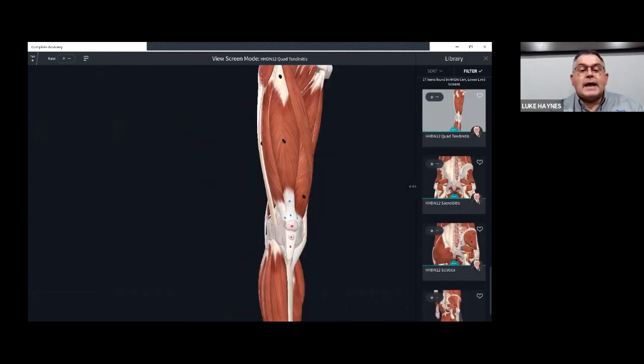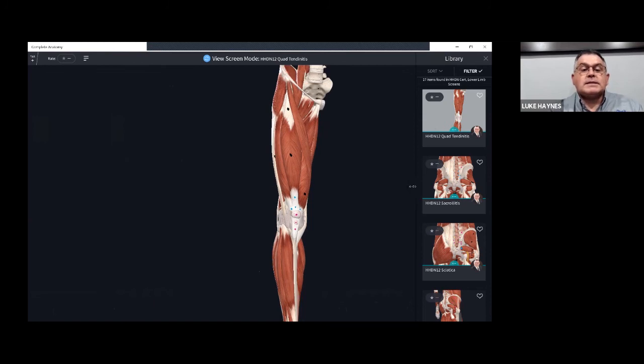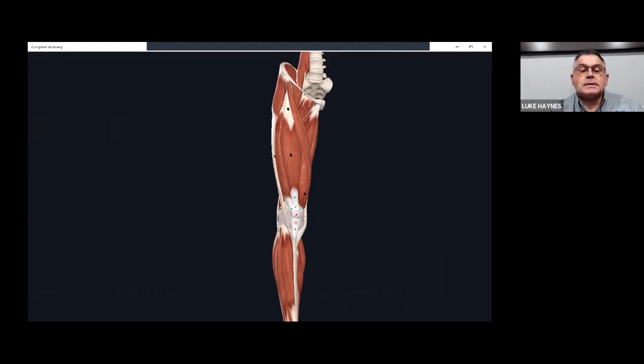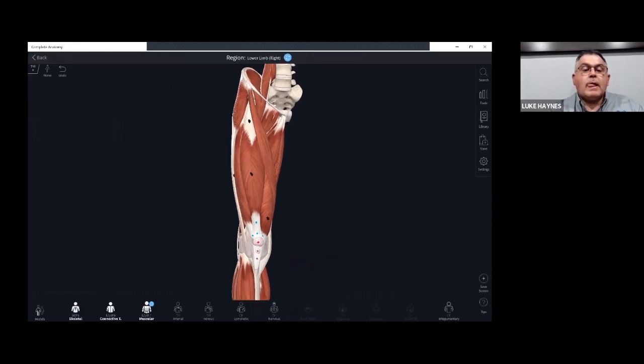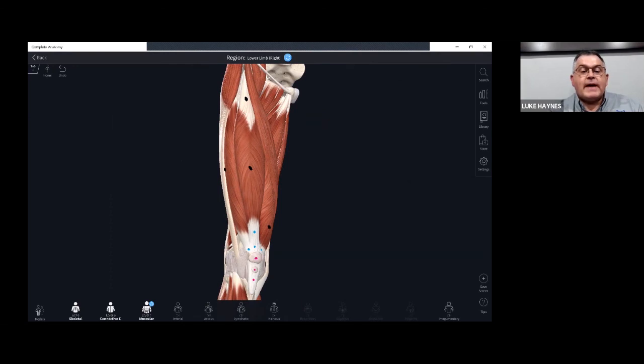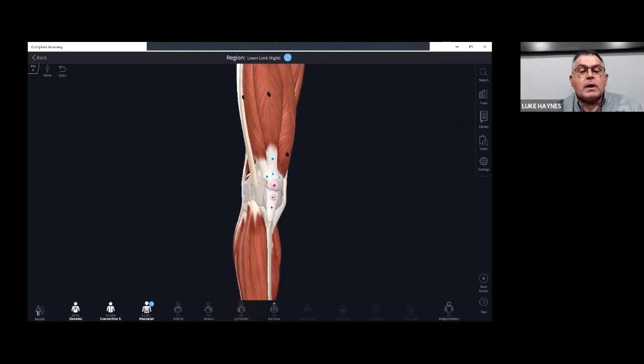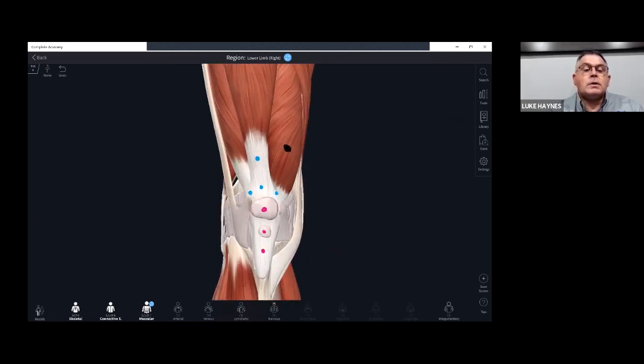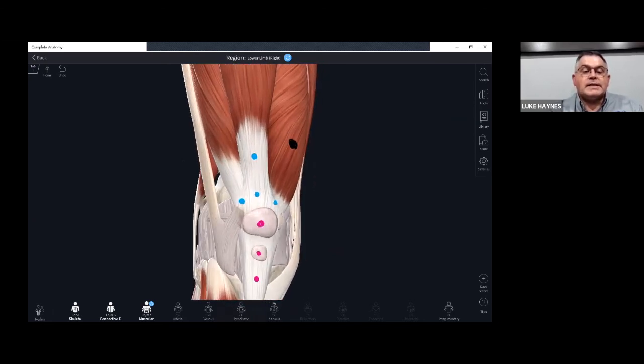So for quad tendonitis, it goes without saying, we need to needle the quad. So we'll catch rec fem, vastus intermedius, vastus lateralis, and medialis. And then we want to come into the quadricep tendon itself.